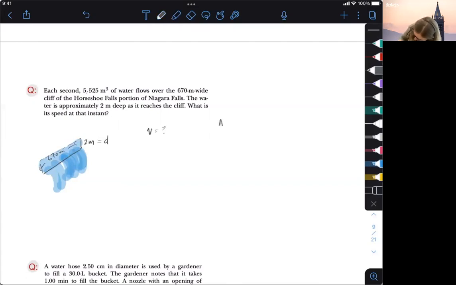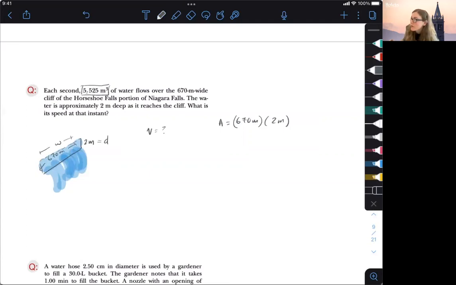So let's say the area is equal to 670 meters times 2 meters, so just this width times the depth of the water. And then we know how much water, this is how much our volume is here.